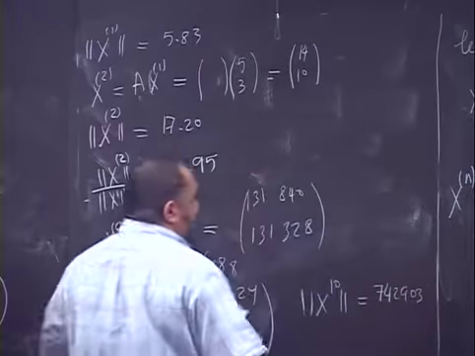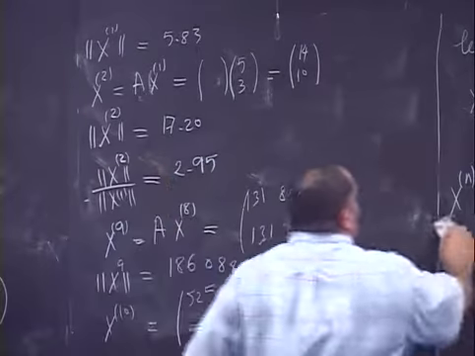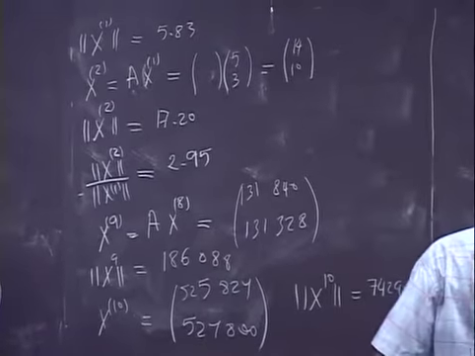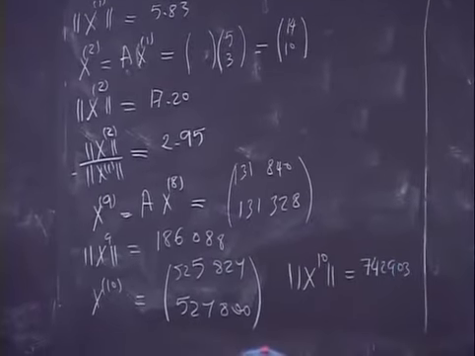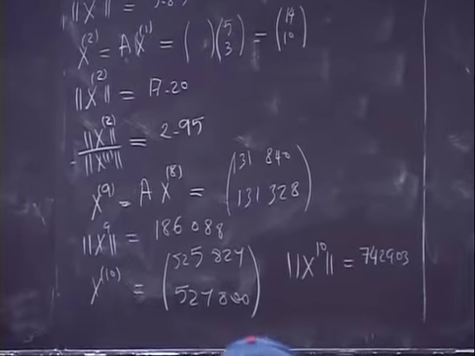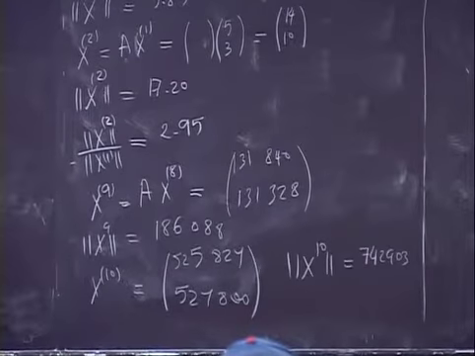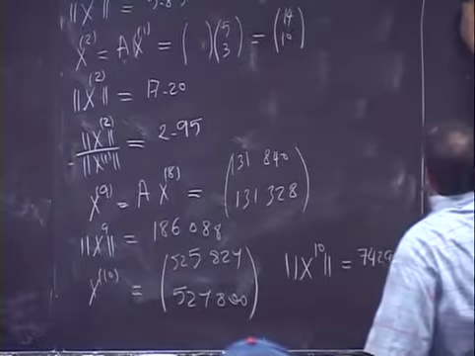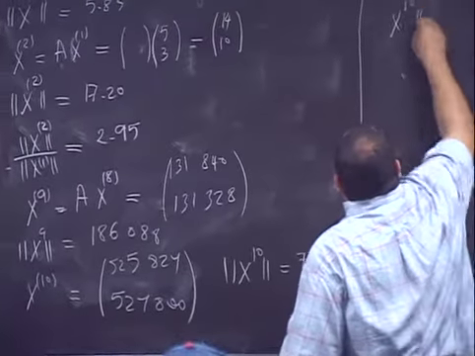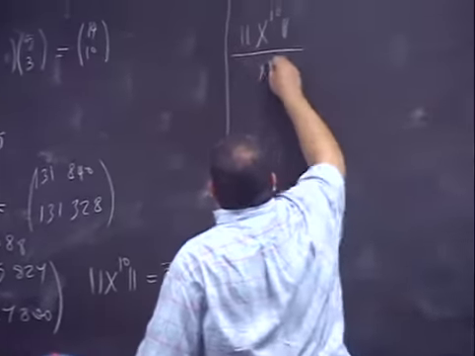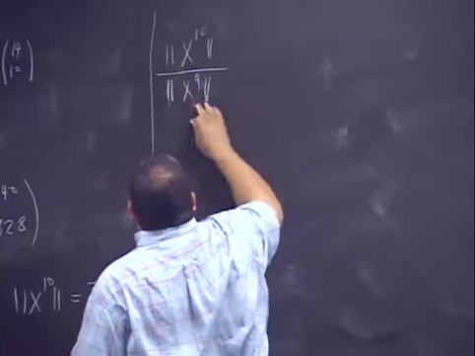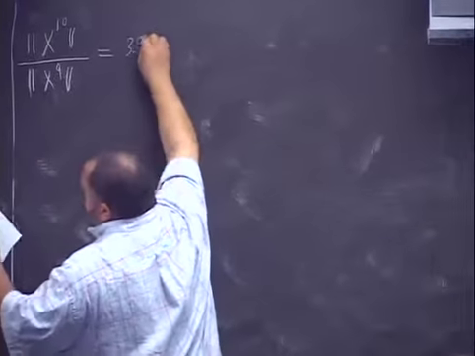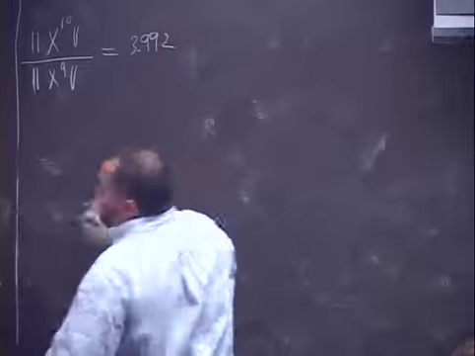742,903. If you divide x10 by x9, the 10th iteration by x9, you will get 3.992.